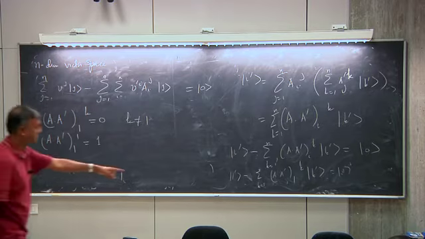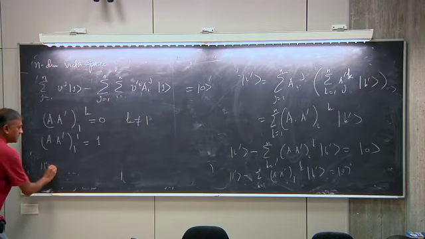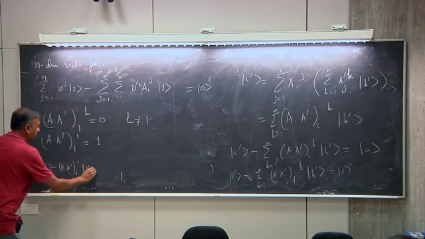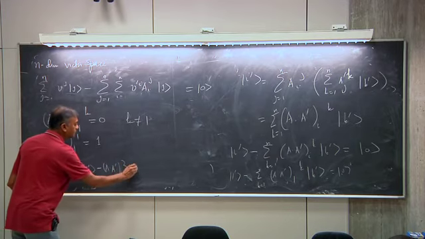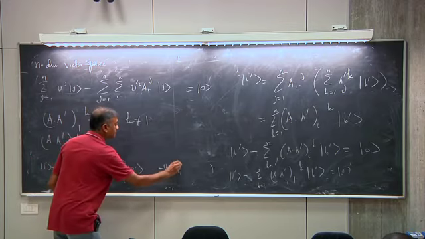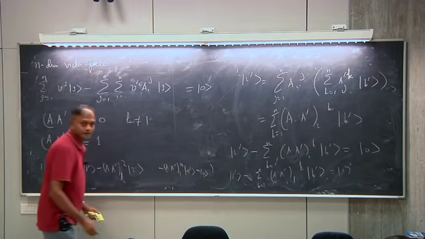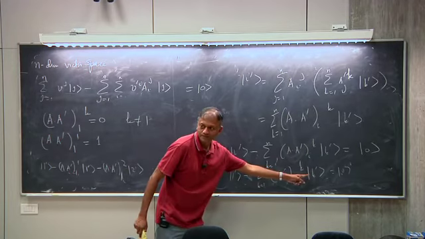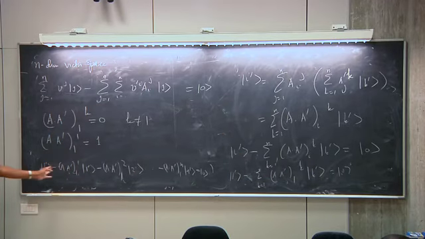I mean, just write this equation. This equation is 1 prime minus a times a prime 1,1 times 1 prime, minus a times a prime 1,2 times 2 prime, and so on, minus a times a prime 1n times n prime, that's equal to the null vector. Right? I just open this up. I just explicitly write the sum over k, k equal to 1, 2, 3, etc. So like that. Now these are linearly independent.